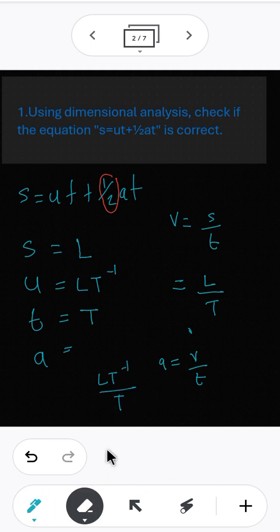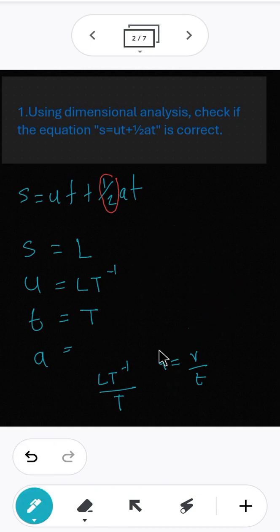Now, according to indices, whenever something comes up, so this is LT minus 1 multiplied by this will come up and be T minus 1. Also in indices, when you have two similar quantities multiplying each other with different powers or similar powers, you add the powers. So this is LT minus 1 plus minus 1.